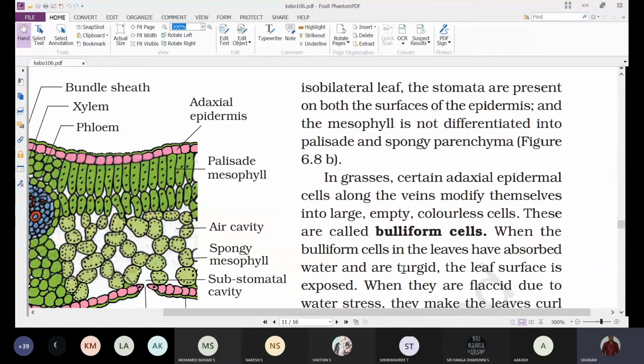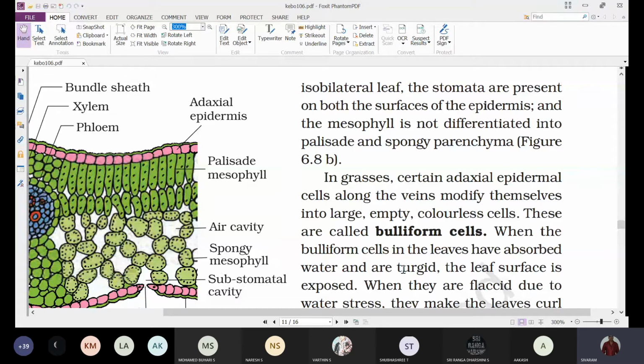So in an isobilateral leaf, the stomata are present on both the surfaces of the epidermis. That means when you observe the epidermis, we can easily understand why we are calling it isobilateral. In a dicotyledonous leaf, we'll find more stomata towards the lower surface when compared to the upper surface, and the stomata are completely absent in the upper epidermis.